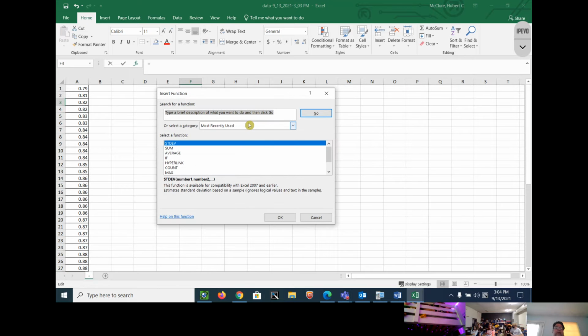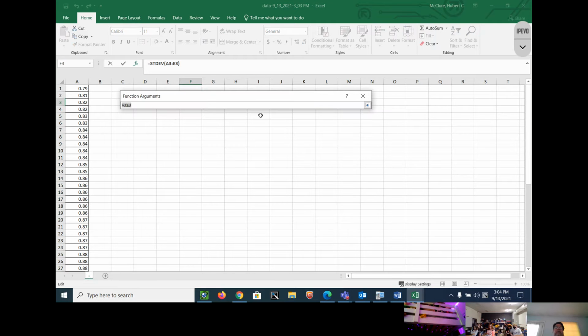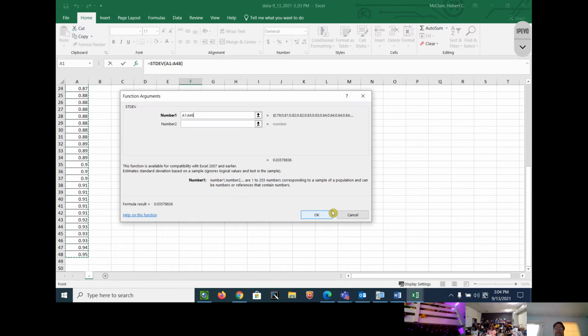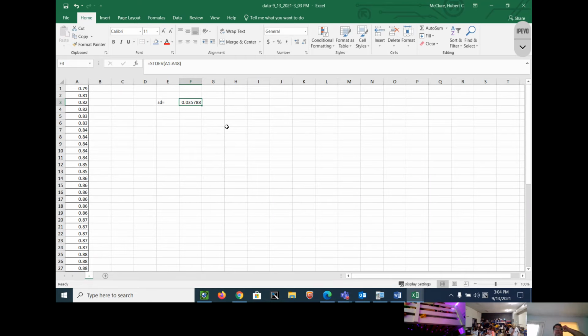I'm going to type in S, and there is standard deviation: STDEV. Write that down. I'm going to highlight that column and hit enter. And there is my standard deviation.